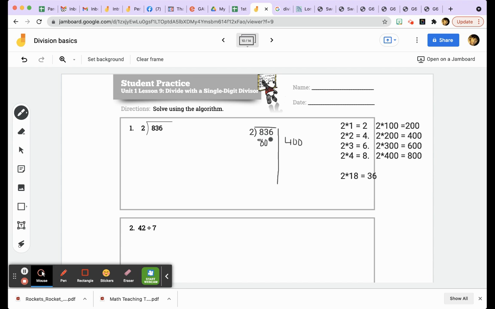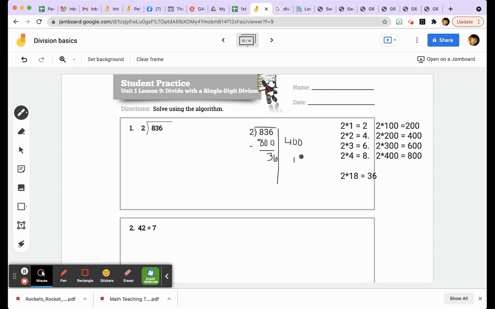I'm going to subtract that from my dividend, and I'm going to be left with 36. So now I'm going to look at my products to help me find a partial quotient, and I want to get as close to 36 as I can without going over. And I notice that 2 times 18 is 36.